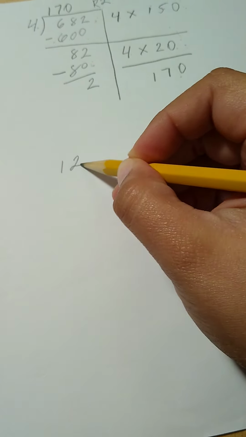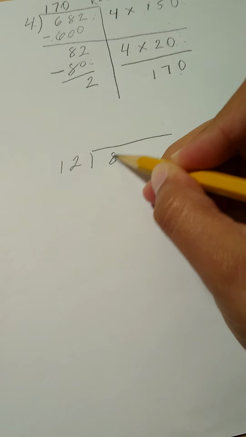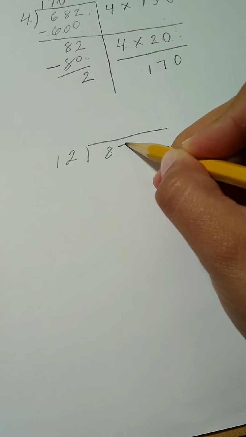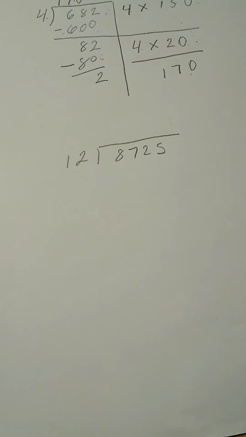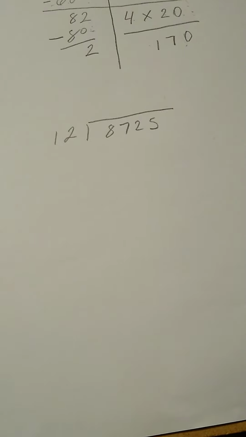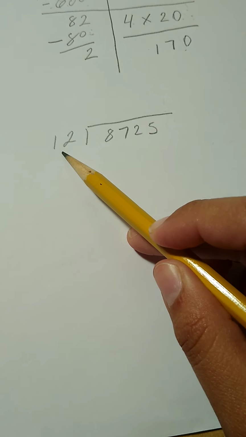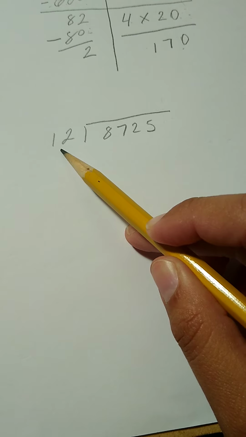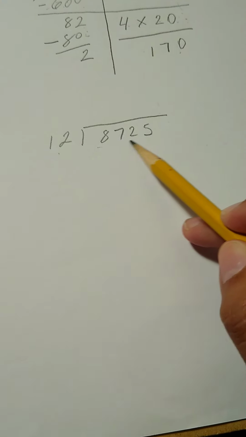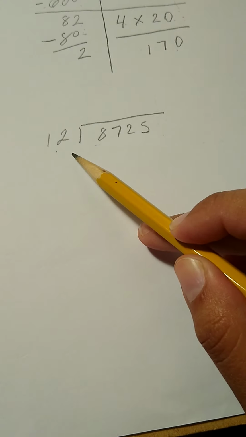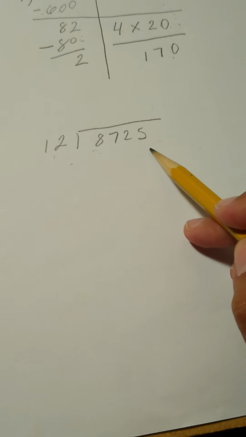Let's say 12 divided by 8,725. Now, what number can we multiply that would give us an estimate of at least between 8,000 and 8,500?